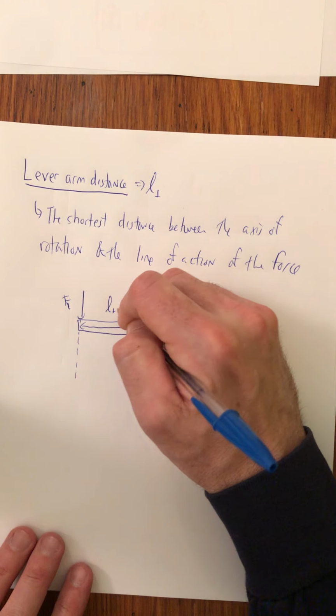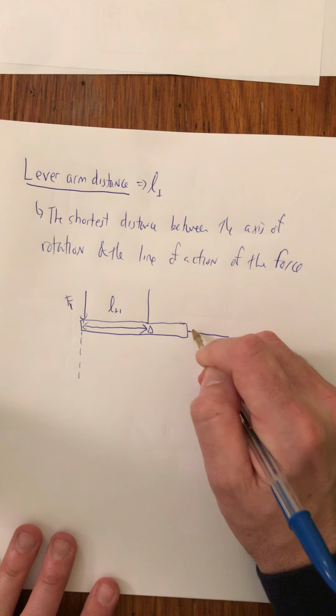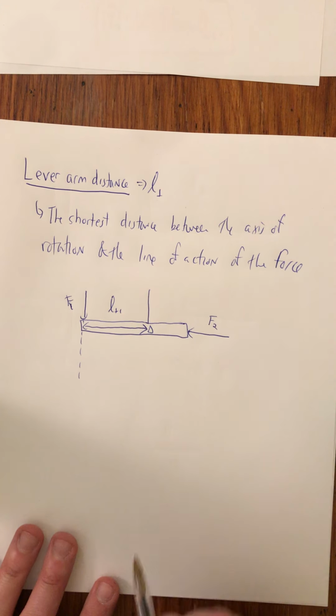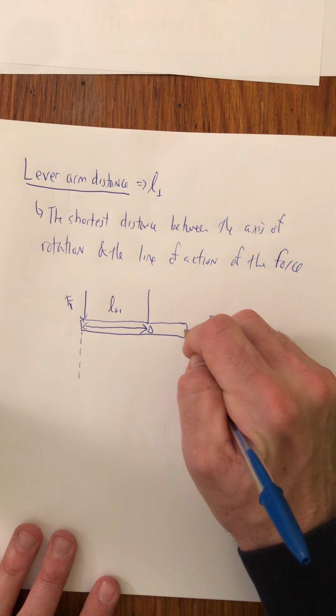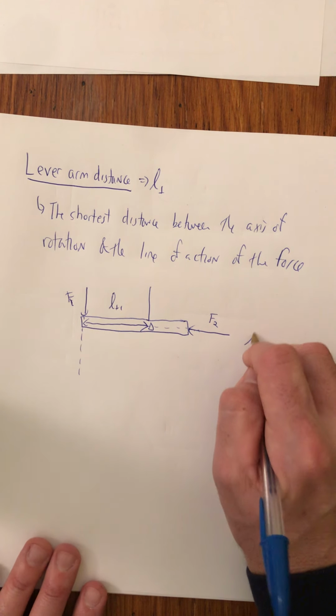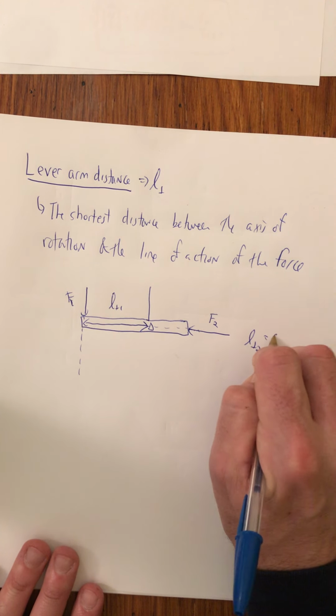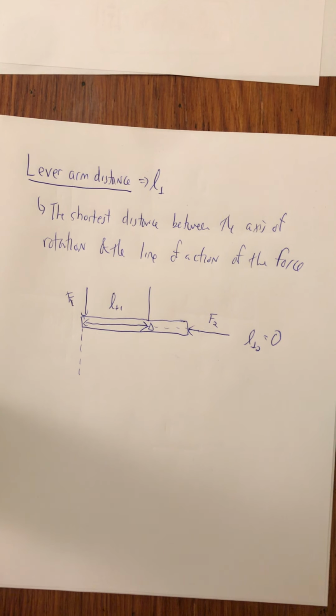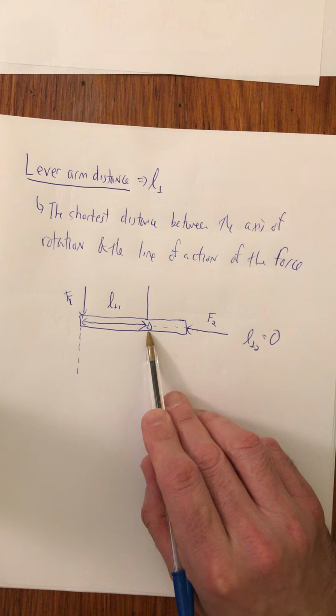So that's going to be L perpendicular 1. If I have this here, F2, notice its line of action goes through the pivot. So L perpendicular for 2 is going to be 0, because its line of action goes through the pivot, and therefore it is not at all off of there, right?